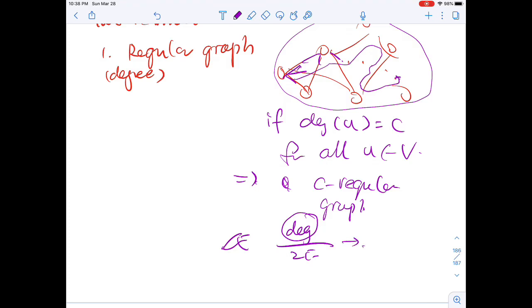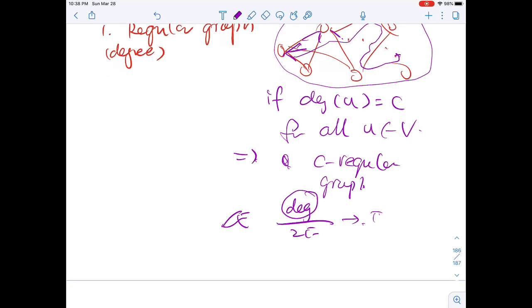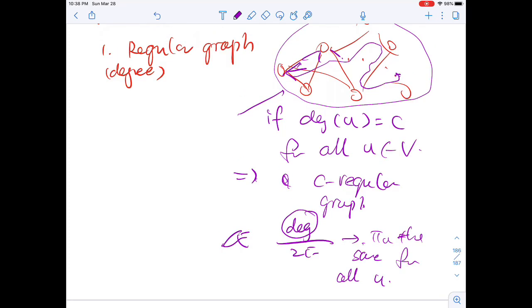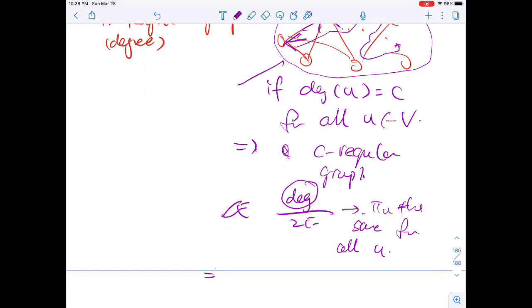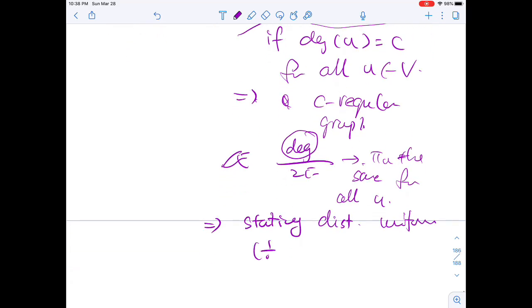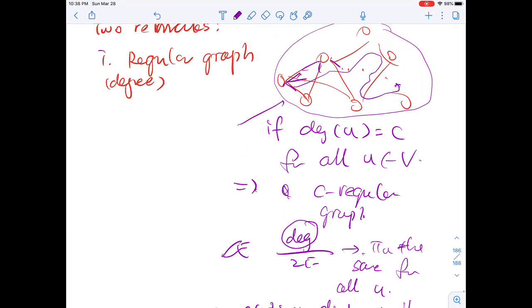That says that pi u is going to be the same for all u. That also means that the stationary distribution is uniform. That basically means the distribution looks like 1 over n, 1 over n, and so on and so forth. This is the first remark.